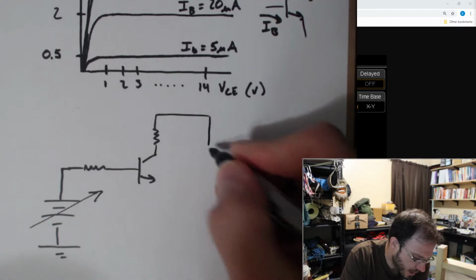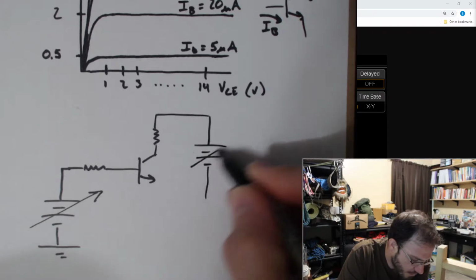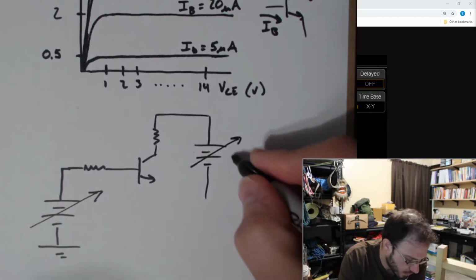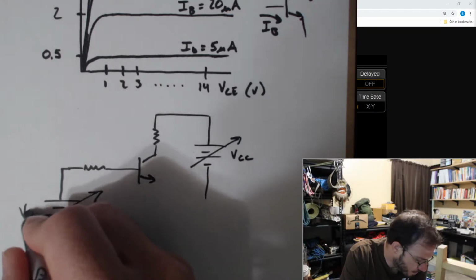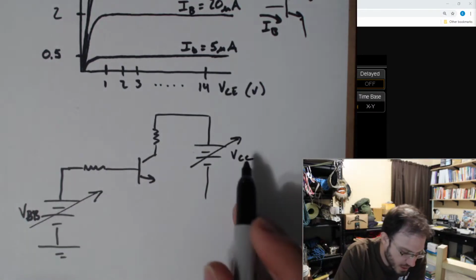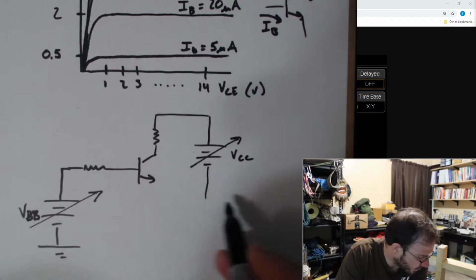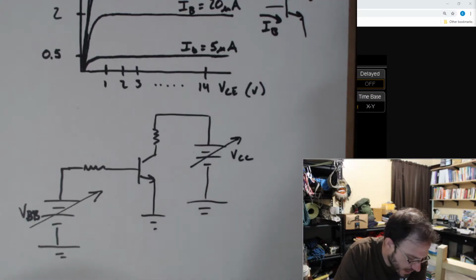Okay, and the same thing for VCC. We would have a variable voltage over here for VCC, and VBB for our base bias voltage and our collector bias voltage. This needs to be referenced to ground, as well as this.